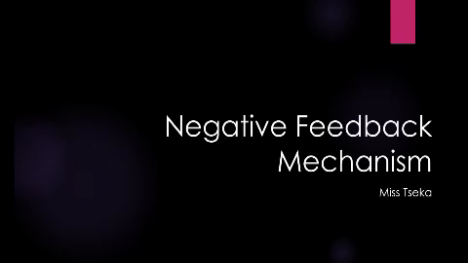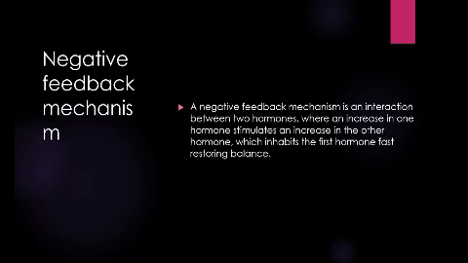Now let us talk about the negative feedback mechanism. A negative feedback mechanism is an interaction between two hormones where an increase in one hormone stimulates an increase in the other hormone, which inhibits the first hormone, thus restoring balance.